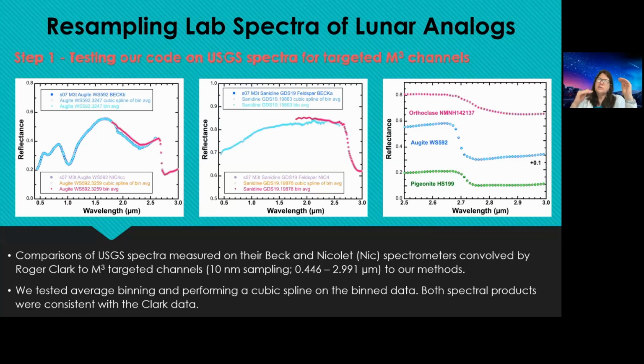Roger did this for his sets of data, shown in blue and red here. We wrote some code to do this as well for ours, and we compared it with Roger's data and confirmed that it's working properly. One thing you can see on the right, for 3 different types of pyroxene, there are changes in the spectral region near 3 microns, which is what we wanted to evaluate.